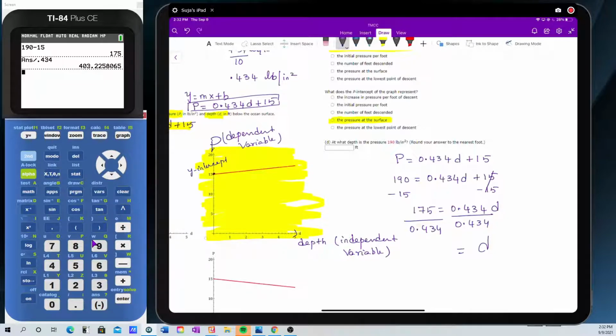Because it's saying round your answer to the nearest foot, I can say D is approximately equal to 403 feet. D equals P minus 15 divided by 0.434.